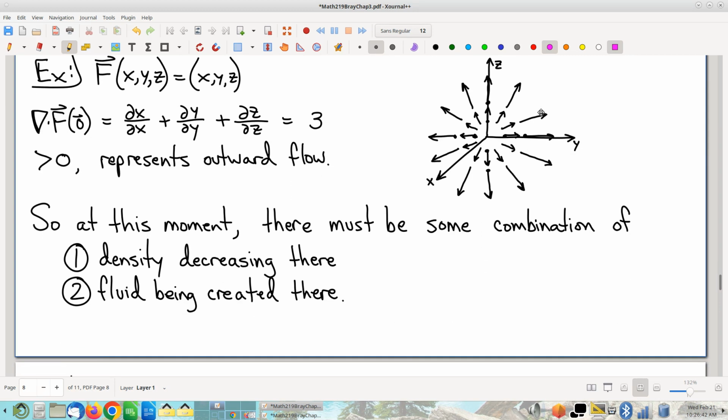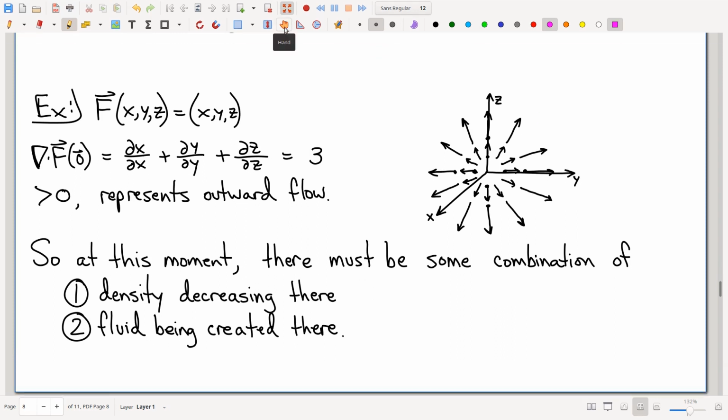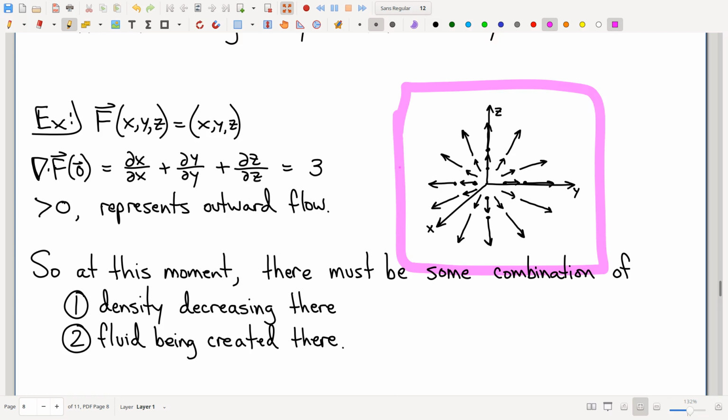Okay, so now let's take a real quick aside: what does this mean physically, and how should I visualize this? I'm going to suggest there are a couple of different interpretations. One possibility is that there's a certain amount of fluid in space, and that fluid is all just flowing outward away from the origin. Let's think about that practically.